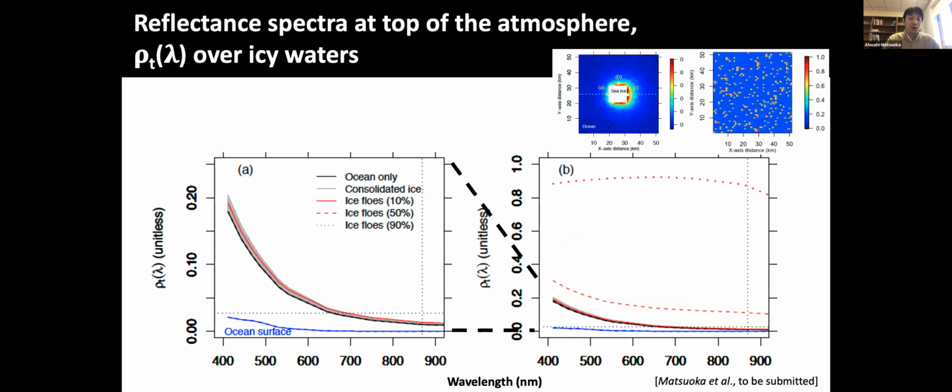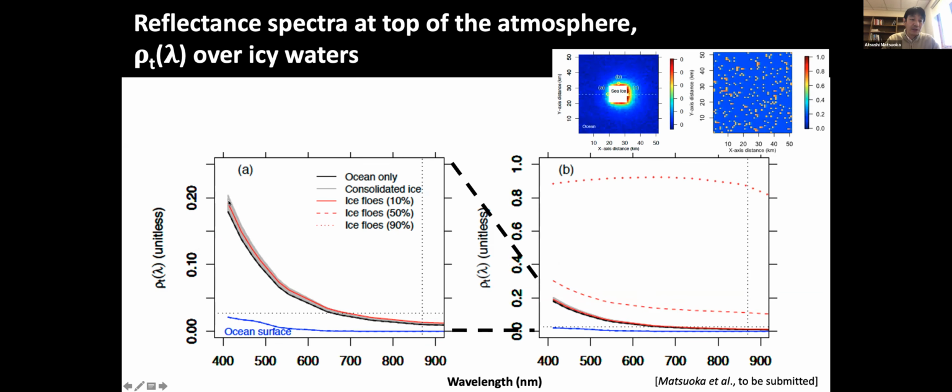Now I'm showing you the top of the atmosphere reflectance, as well as the water reflectance just above the sea surface, which is shown in this blue line. The black line represents the TOA reflectance over the ocean without sea ice. The gray line represents the ocean having sea ice in the middle of the ocean, as shown in this figure.